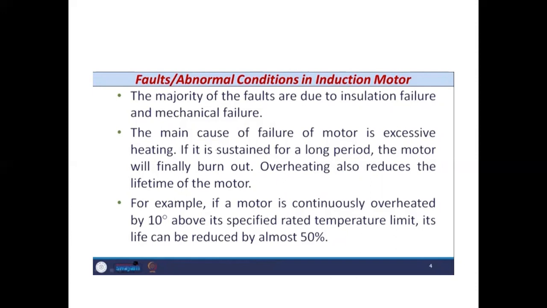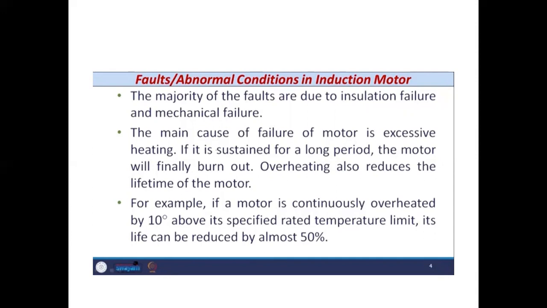The majority of faults in the induction motor are because of the failure of insulation, that is electrical fault, and the other type is mechanical fault because of mechanical failure. The main cause of the failure of motors is extensive heating. If this type of heating is sustained by the motor for a longer duration, then the motor will finally burn out.